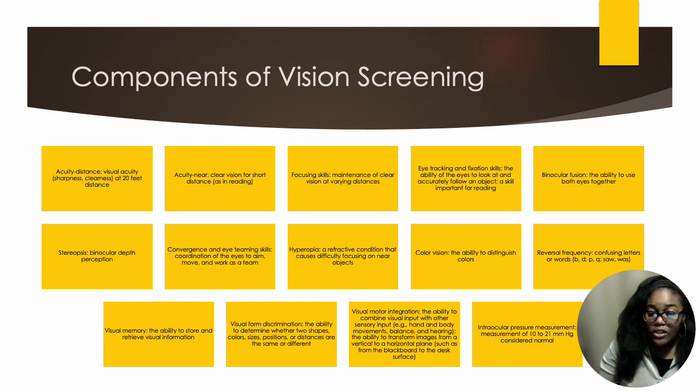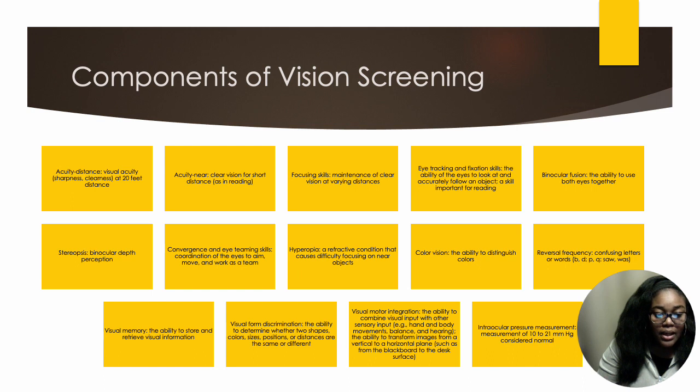They'll look at color vision, so they can see if you can distinguish different colors. They may even look at your reversal frequency. So are you able to decipher and distinguish between difficult letters, such as the difference between P and Q, or B and D, or saw and was? And it may even lead to a little bit of assessment for dyslexia.